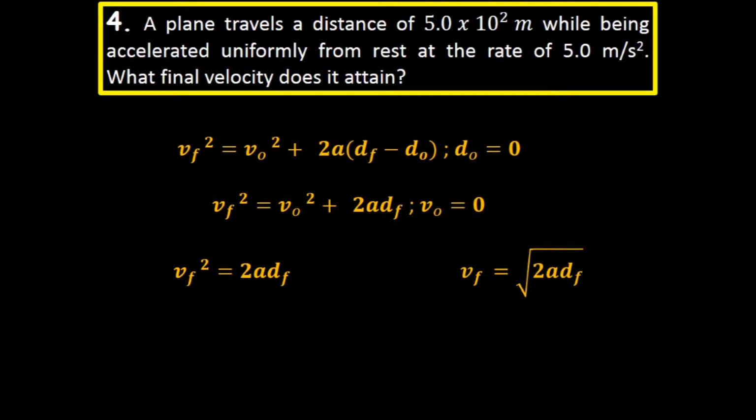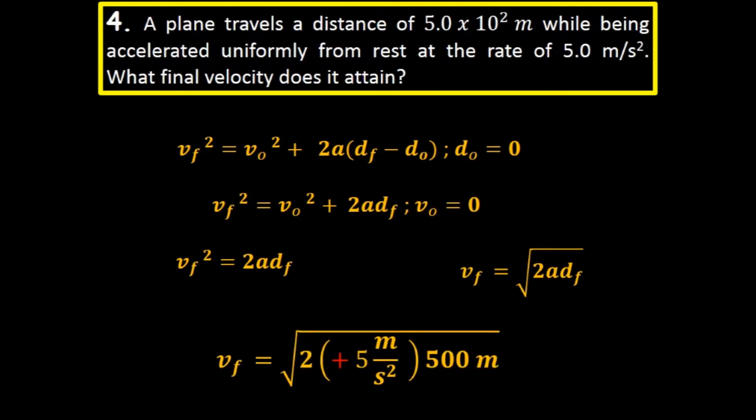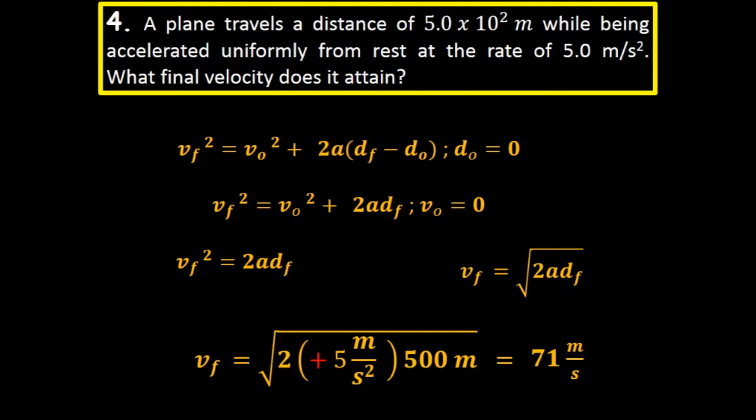Therefore, taking the square roots of both sides, we get Vf equals root 2ad. Plug into the equation. Notice that the acceleration is plus 5, so it's going to be the square root of 5,000, which is a little bit less than 71, but rounded to 71 meters per second.